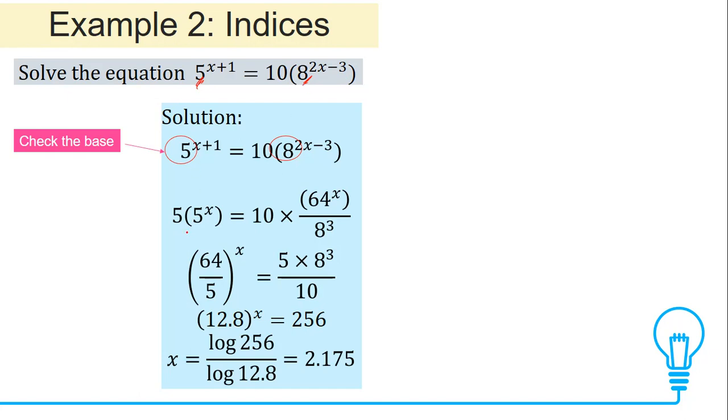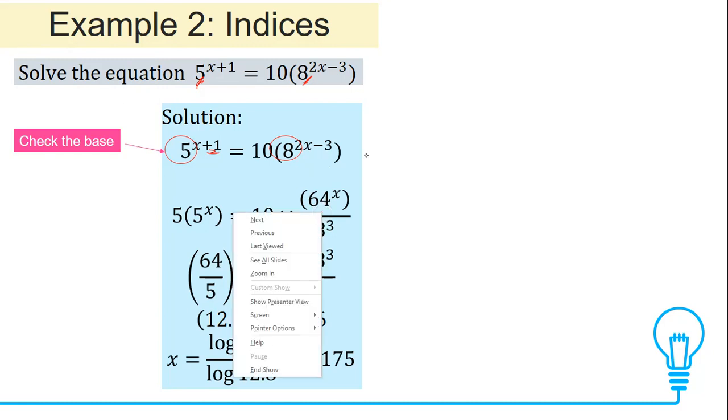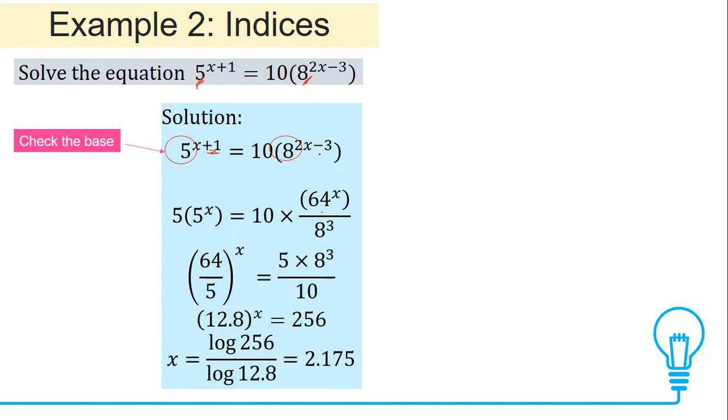So the plus 1 becomes a power of 5. 8^(2x) is actually 64^x. Then the negative 3 going down becomes 8³, so we have 10. We have 5^x at the left hand side, and on the right hand side we have 64^x.